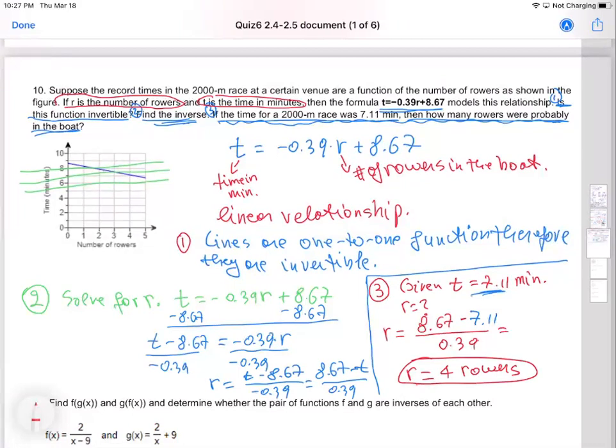I decided to do this step by step. 1.56 divided by 0.39.